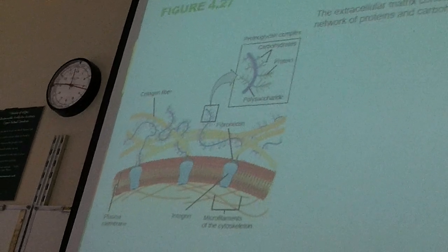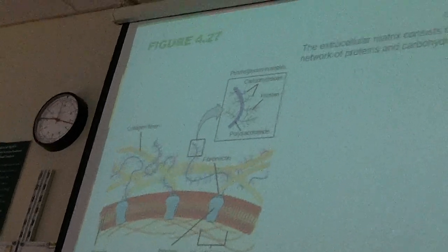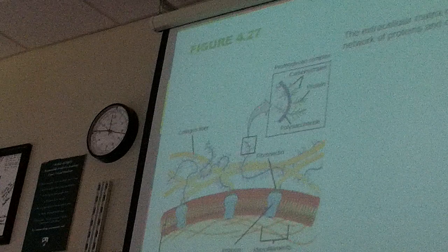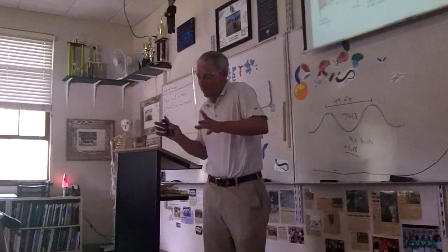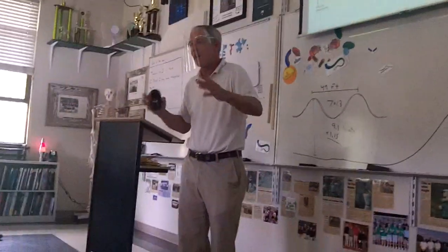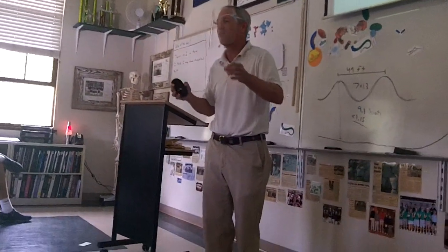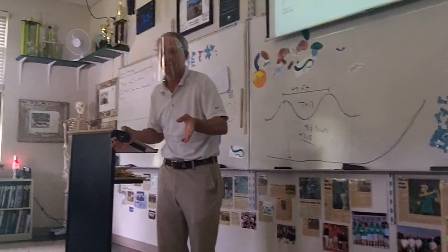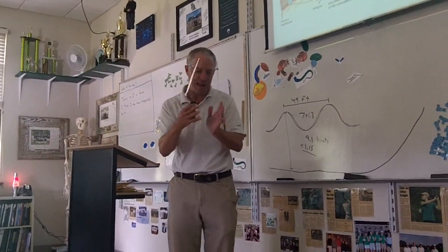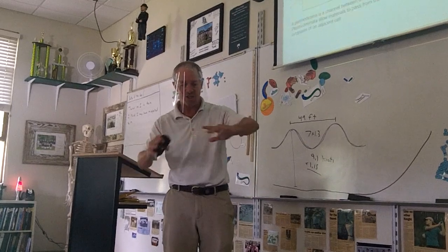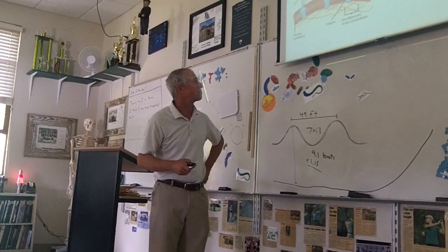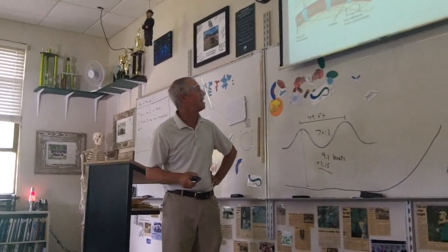Often there are proteins coming off of the cell into this extracellular region. The area outside of a cell usually has a bunch of proteins sticking off of the cell in it. We call that area the extracellular matrix. A matrix consists of a whole bunch of stuff outside of the cells.